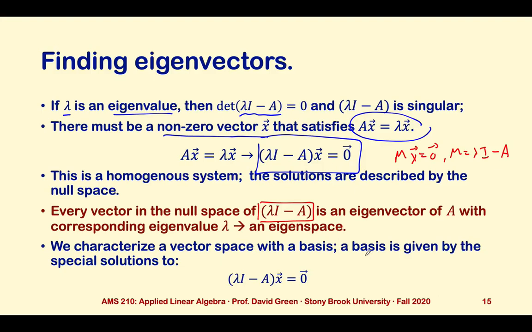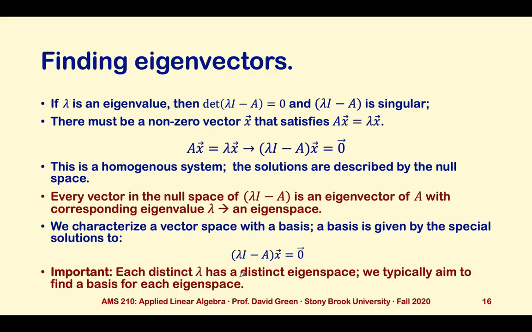The basis for the eigenspace associated with lambda, that is, a set of linearly independent eigenvectors associated with this lambda, is given by the special solutions to this homogeneous system, using exactly the same approach that we've explored for more general matrices.